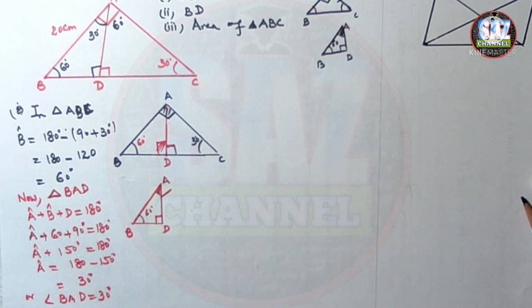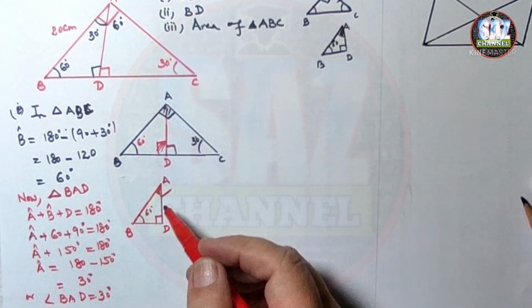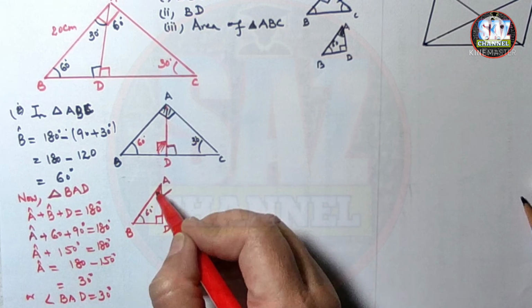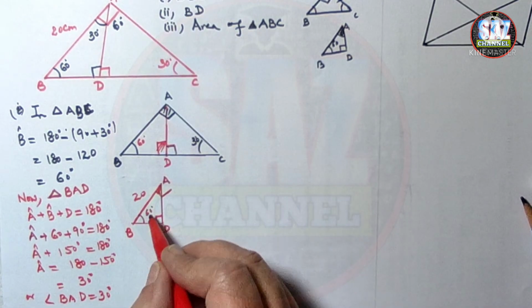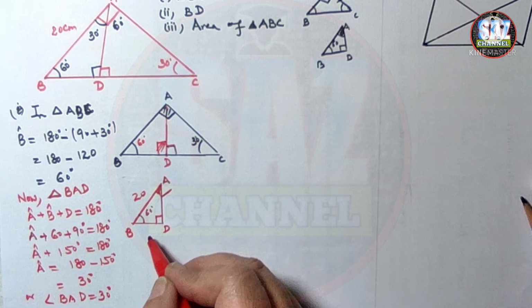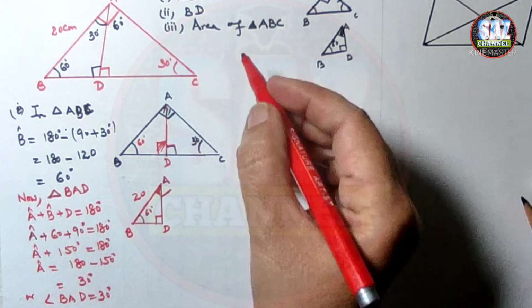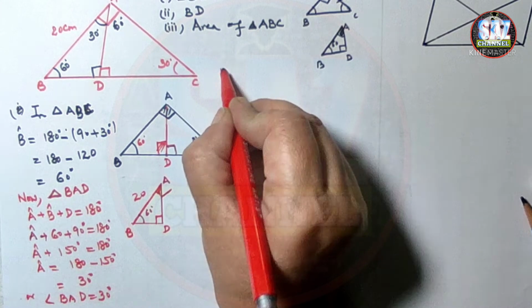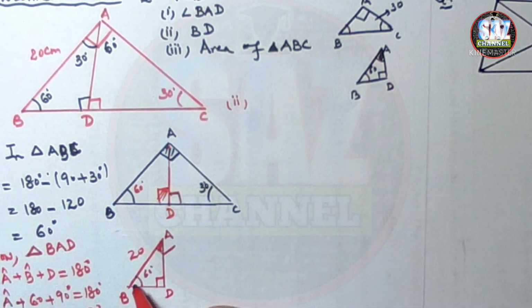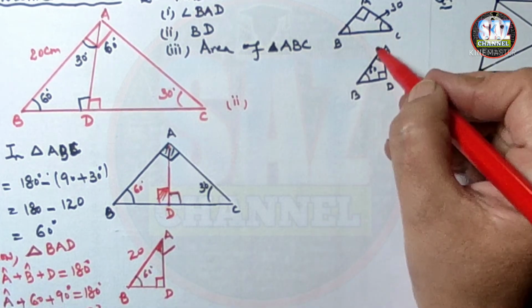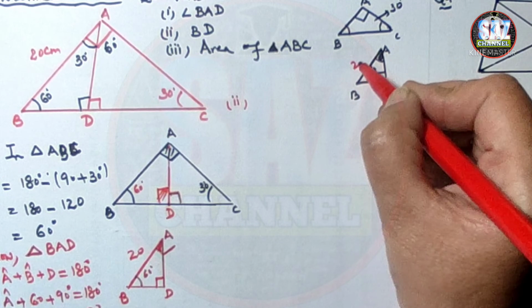And the second requirement of the question is that we have to find the side BD. Now if you look at the diagram, the original figure as well, this side is 20 centimeters. Now we have both the acute angles of this triangle with us. Now look, with the reference of the 60 degree angle, this side AB is 20 centimeters.